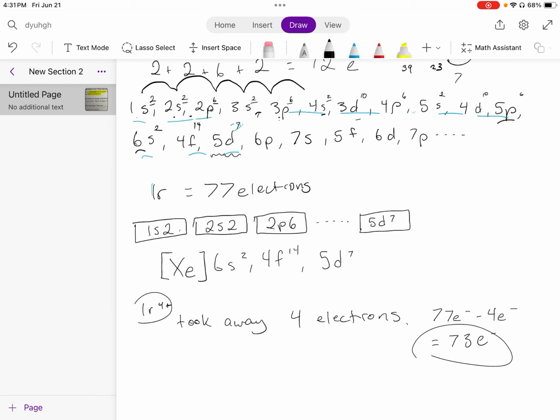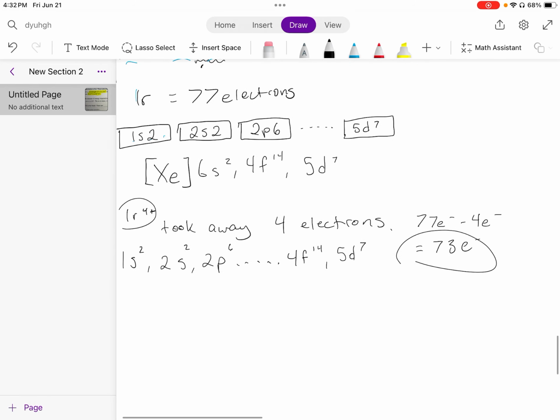Again, just go through the list: 1s, 2s, 2p. But because it's already here, I'm just going to look at the end. So this was for neutral iridium.